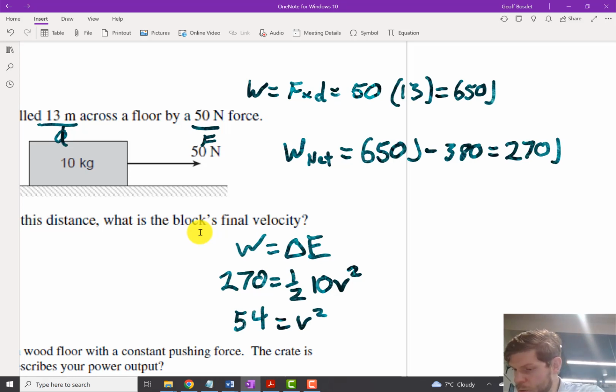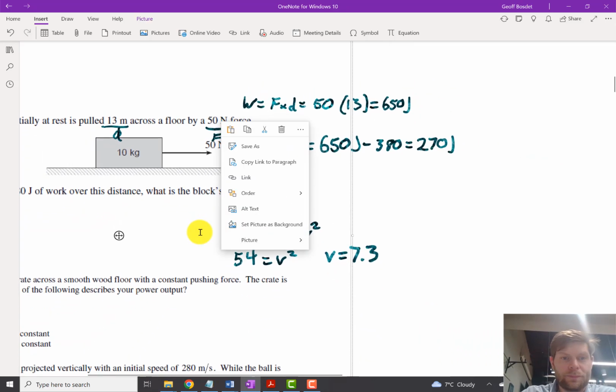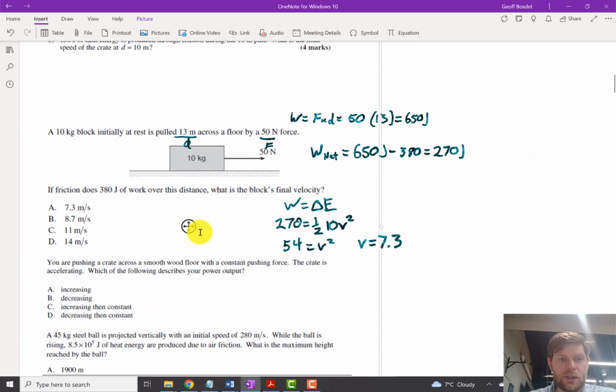The square root of 54 is equal to 7.3. So work equals change in energy.